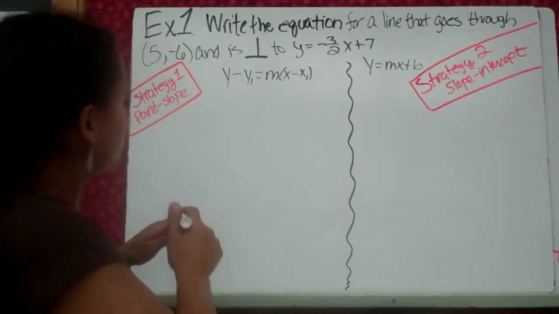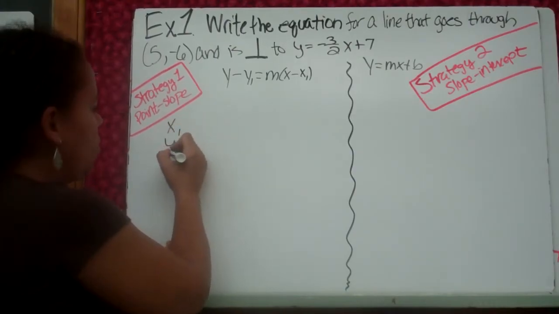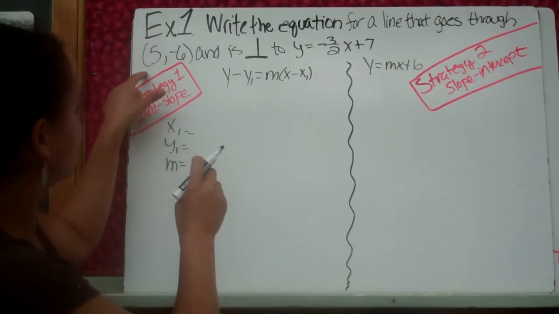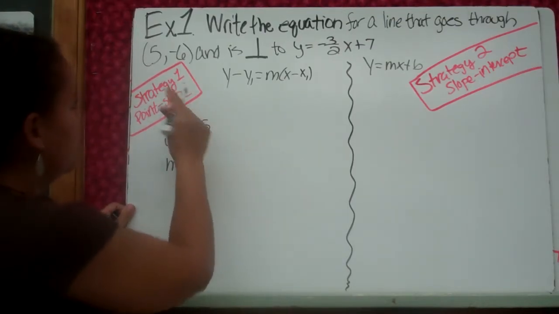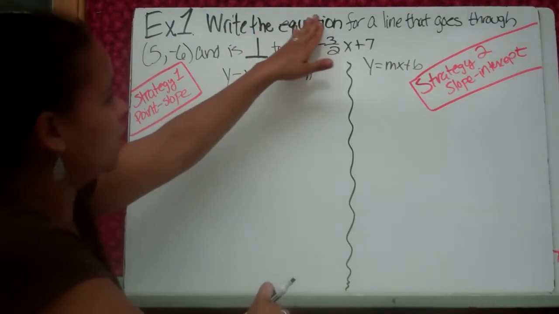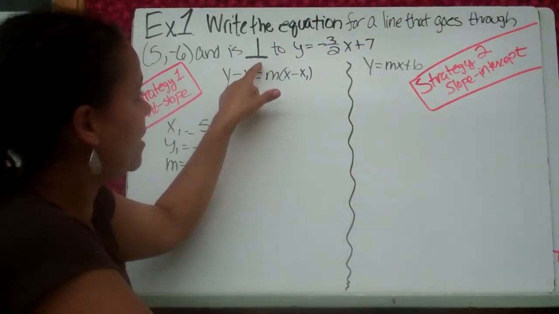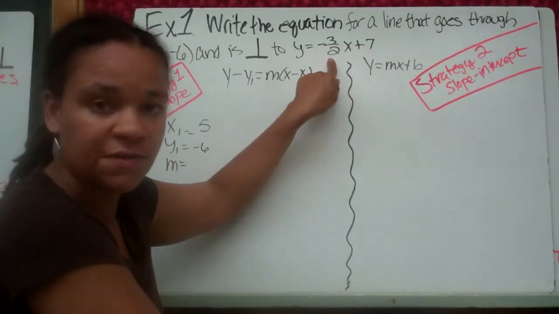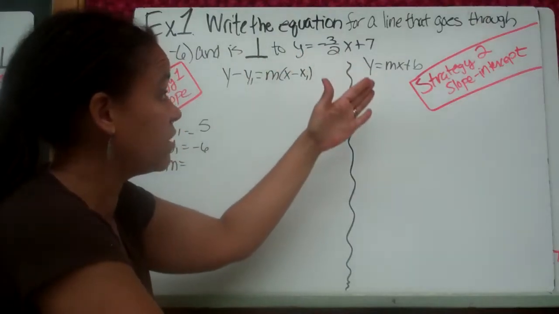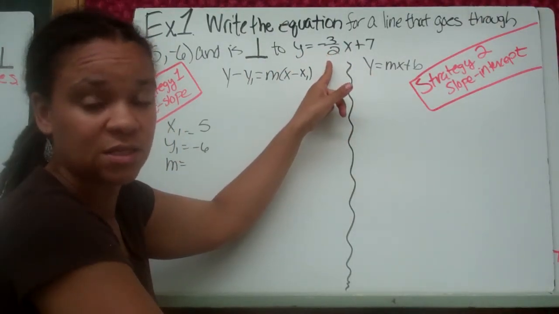Here we need an x1, we need a y1, we need an m. Well, x1 would be 5, y1 would be -6, and we're writing an equation for a line that is perpendicular to this line. The only reason we have this line is to figure out what the slope of our line is. This line doesn't really matter, except it tells us what the slope is.